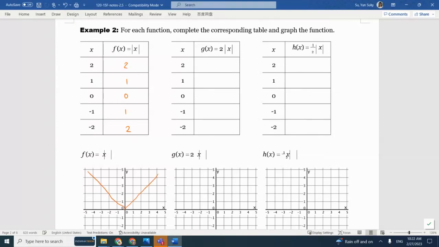So this one, we can write it down for free. Okay, how about this one? If we multiply by 2, what happened? So 2 times absolute value of 2 is 4.